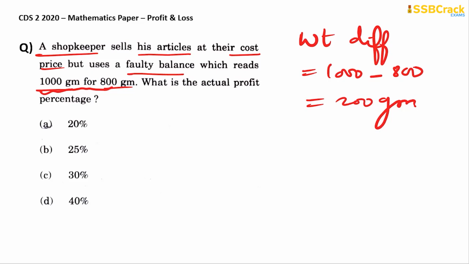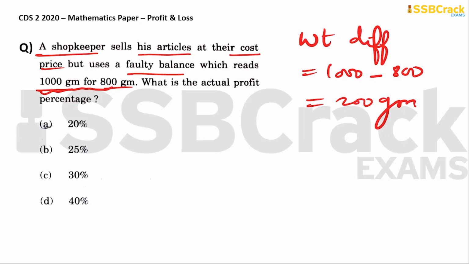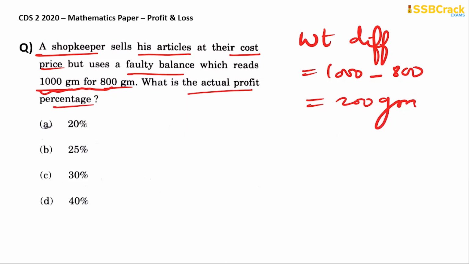For every 800 grams, he is showing the customer 1000 grams. So 200 grams he is getting in weight in his balance, right? So what is the actual profit? Profit is totally dependent on this earning that he is getting in terms of weight. So in this case, how do you calculate profit percentage?